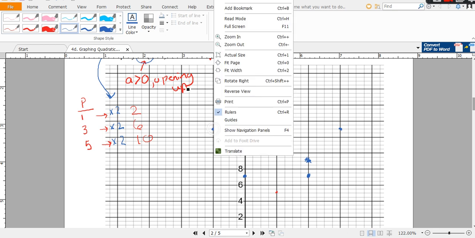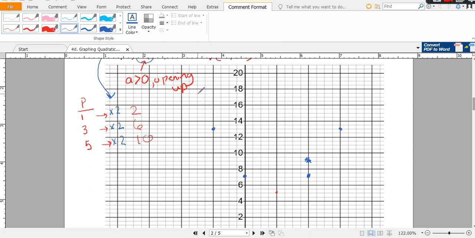Okay, and now from here, I can just simply sketch this and connect the dots. So this should go off the page. Whoa, this is going to be bad. Let me just try retracing this.